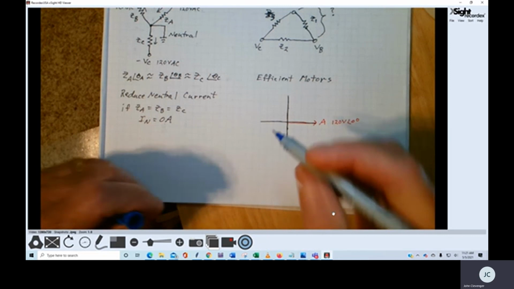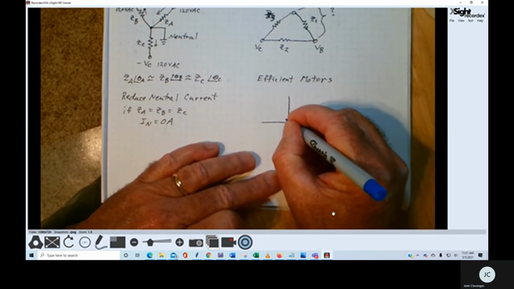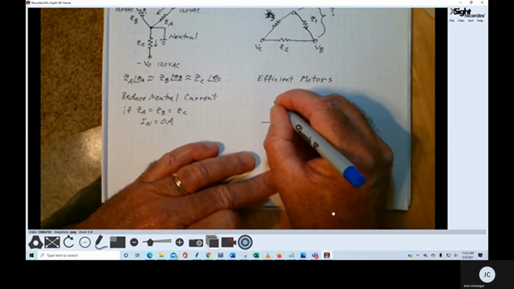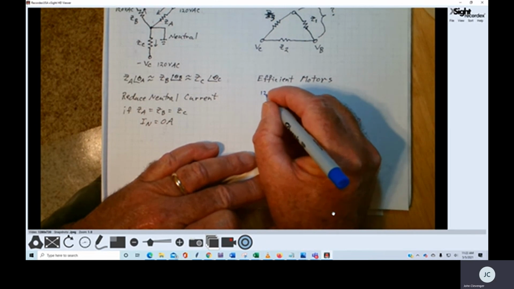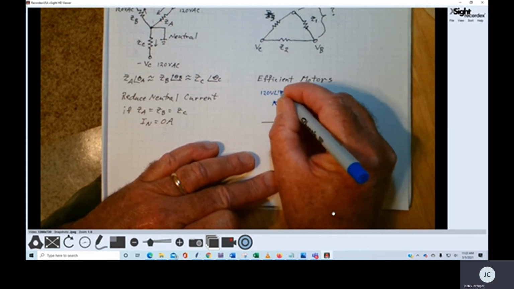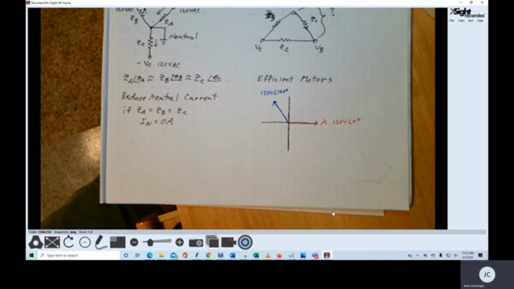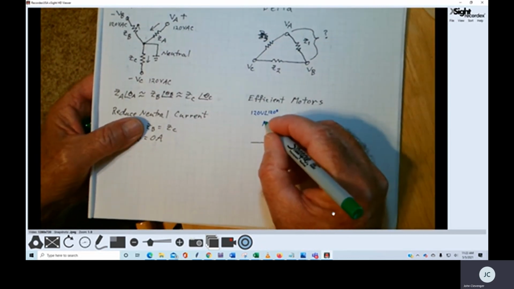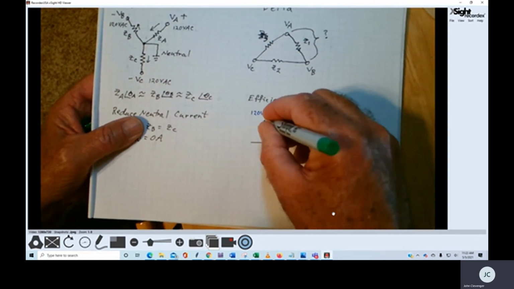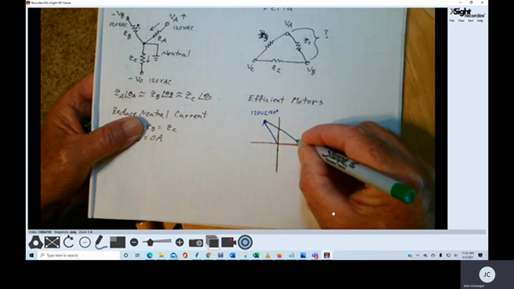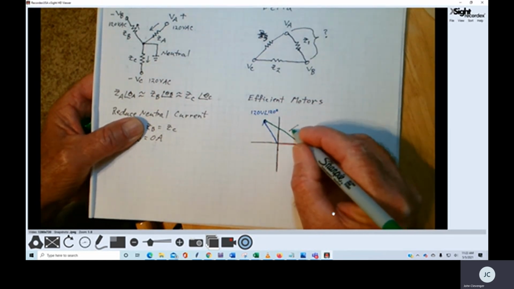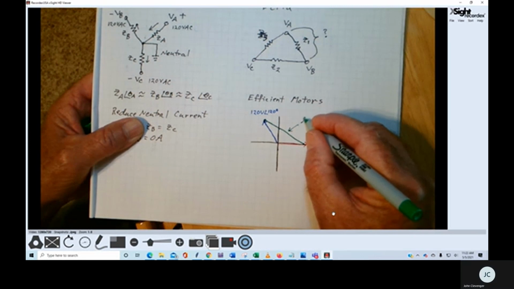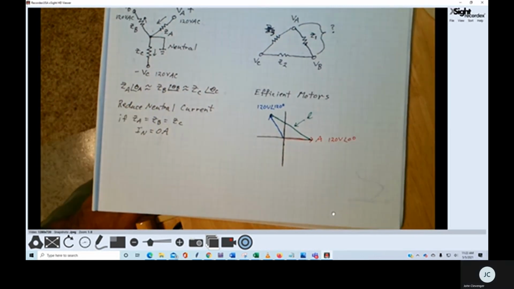And here is phase B, which is 120 volts at 120 degrees. And the answer to this question is, what's the length of the line that exists from phase B to phase A? What's the length of that line?